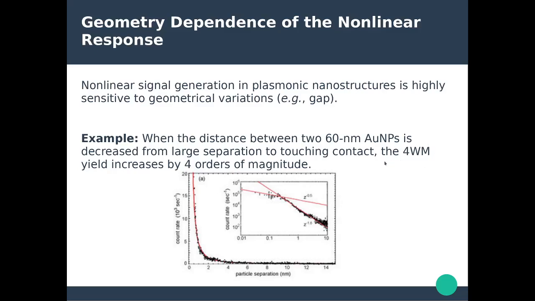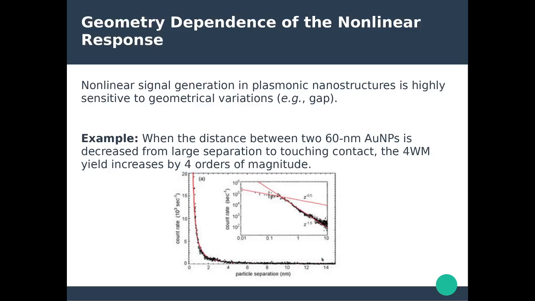This is a 4-wave mixing signal, a third order nonlinear process, and they studied how much 4-wave mixing signal they get as a function of the distance between the two nanoparticles. When they go from large separations, where the nanoparticles are fairly well separated, all the way to nearly touching nanoparticles, at half a nanometer of distance there's a 4-order increase in intensity for the 4-wave mixing.